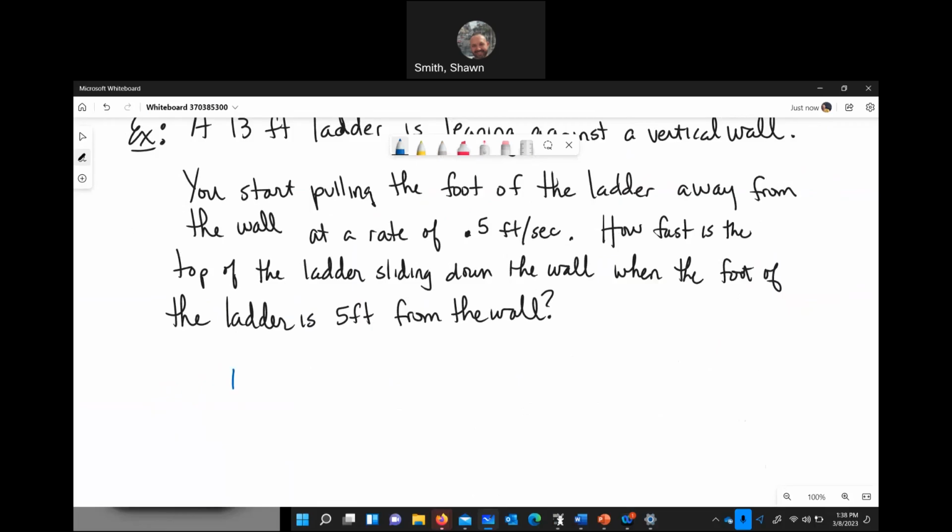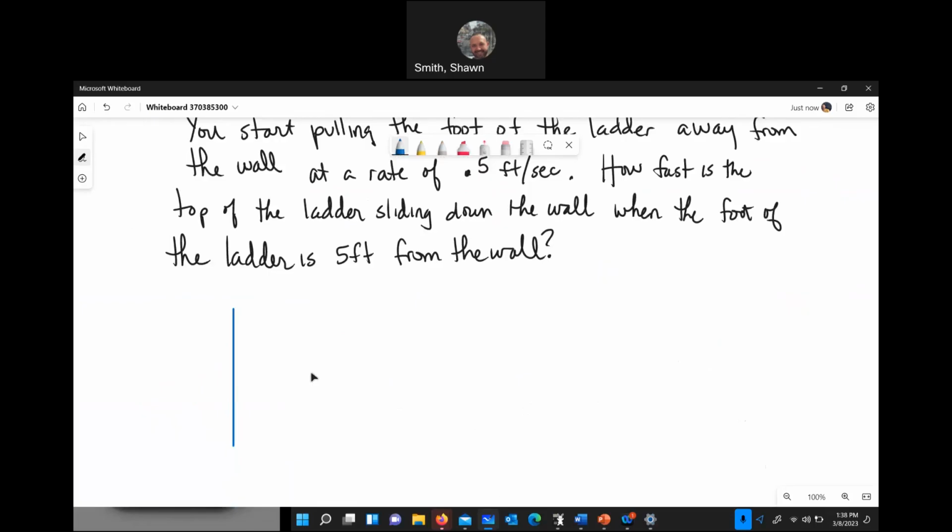Okay, so we have a wall that is vertical, and we put a ladder against this wall.